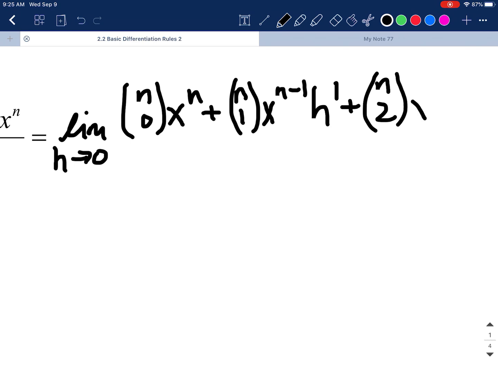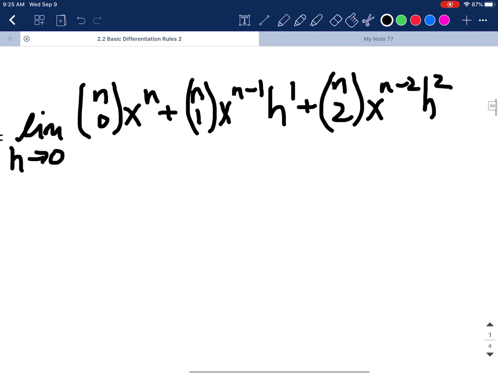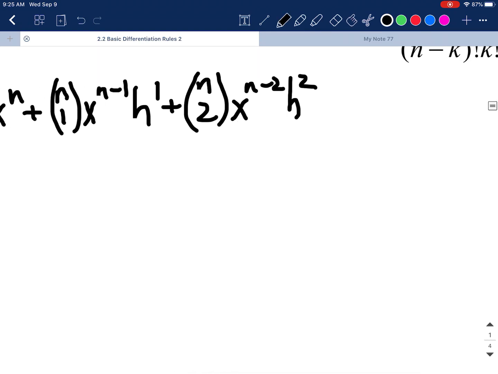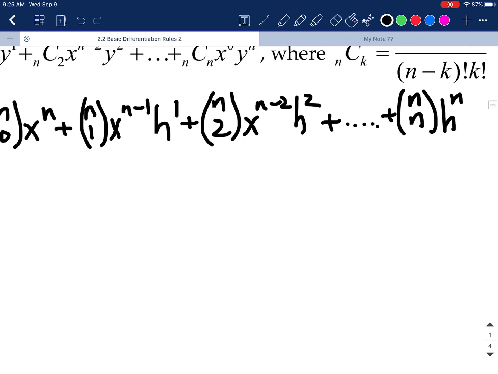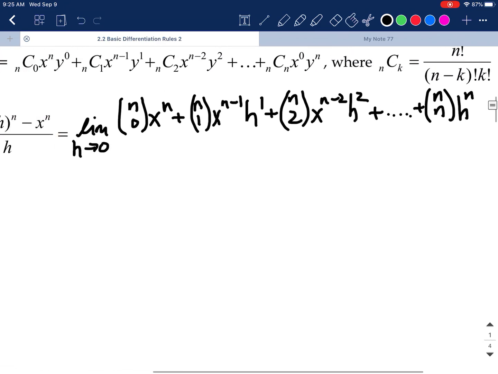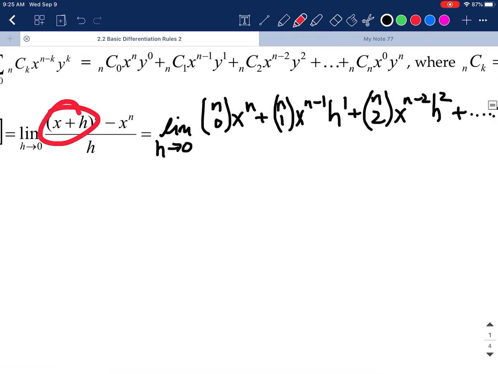And then I'll have n choose 2, x to the n minus 2 times h squared. And we're going to continue in this fashion, right? All the way down to the very last term, which will be n choose n, x to the 0, and then h to the nth power. Okay, so that's my expansion of x plus h to the n.